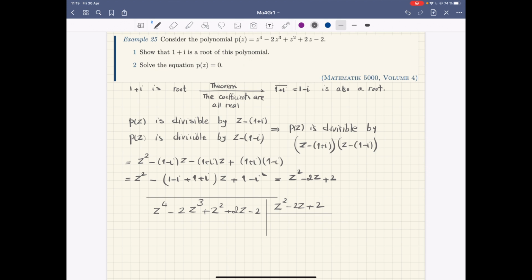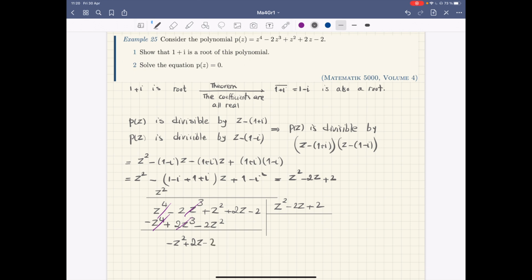You divide z to the 4 by the first term, so it becomes z squared. You multiply z squared there, change the sign, and then add them. When you add them, 2 of them are gone, and it becomes minus z squared plus 2z minus 2.